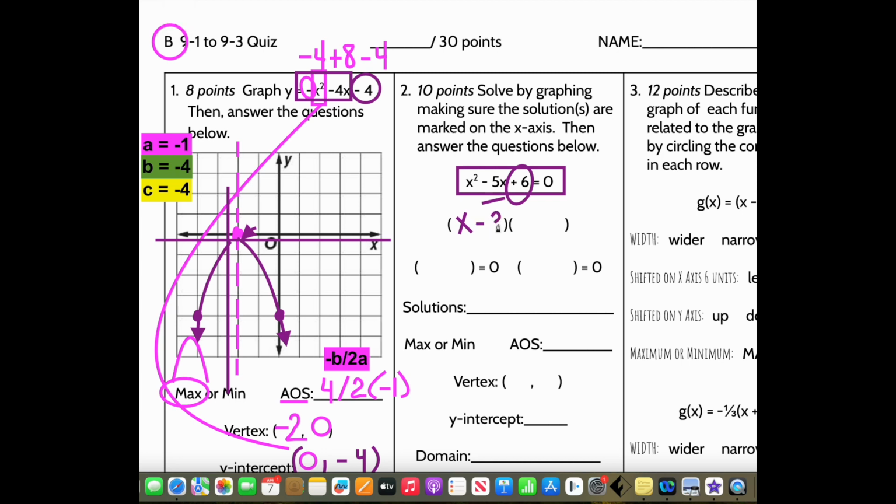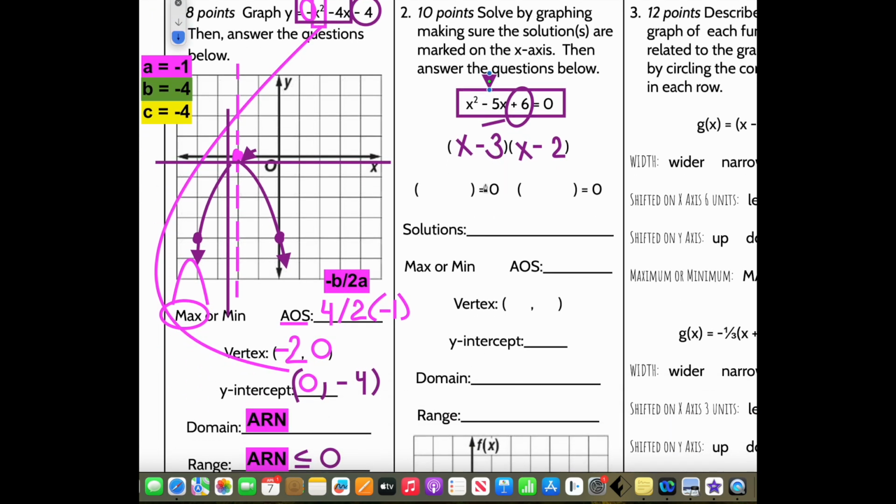So in this case, -3 and -2 will give us a +6 when we multiply, and it will give us a -5 when we add them together. So when we have x minus 3 equals 0 and x minus 2 equals 0, we get that our solutions, or our roots, are equal to 3 and 2.